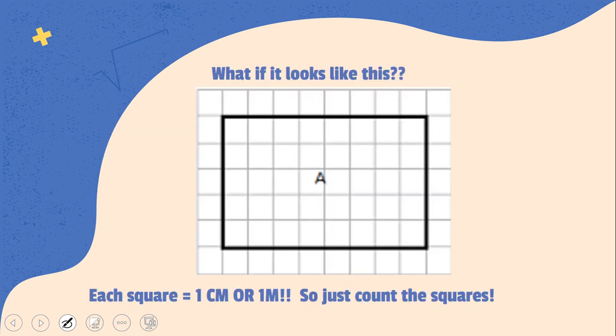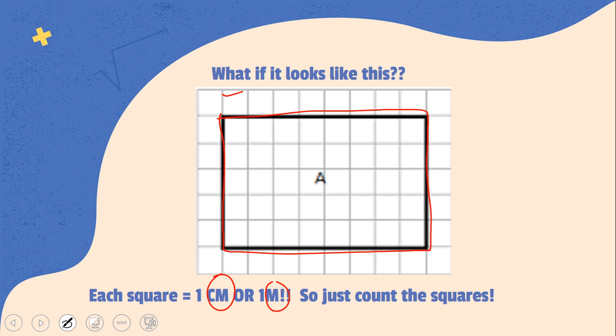Now, some of your questions today look like this. So you're given a shape, okay, and it's just on a square piece. Now, you need to check if it's centimeters or meters. If it's centimeters or meters, well then 1 square is 1.